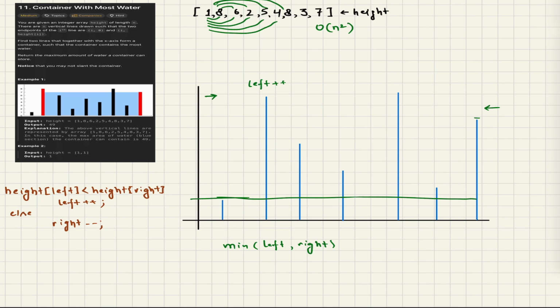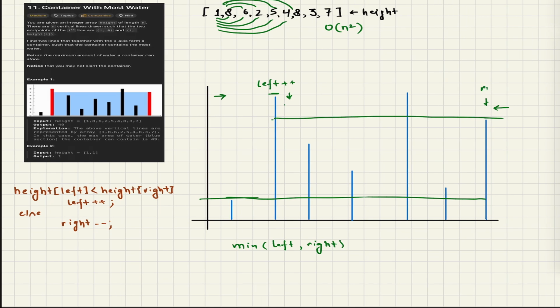My left will come here, and then I can see how much water I can fill. So again, now I can fill this much water, because it's the minimum of this and this, and right is my minimum currently.